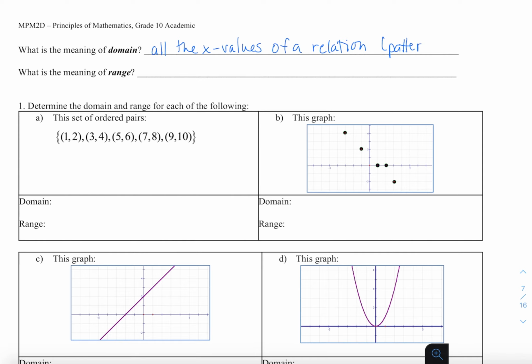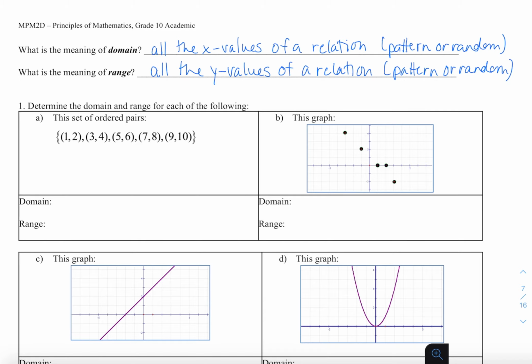And this is in a pattern or random. So I'm going to show you how to write it down in both scenarios. The range is all the y values of a relation. Again, pattern or random. And we are going to do some examples of that.